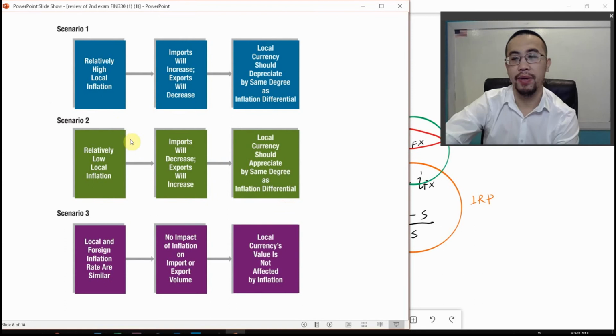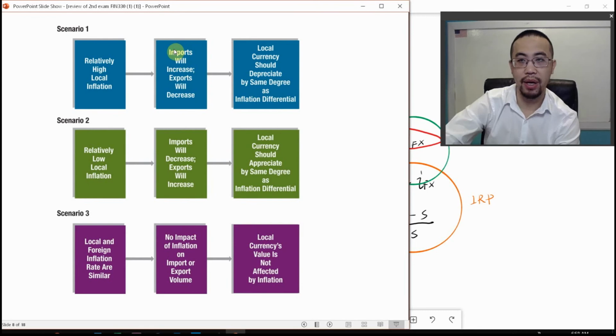And also what happens if one of the two countries has higher inflation than the other, what would be the result for the exchange rate? Is it going to appreciate or depreciate? This is something we covered before. In this chapter for the exam, you don't have to analyze what happens to the exports and imports of the two countries, or the demand and supplies of the two currencies.